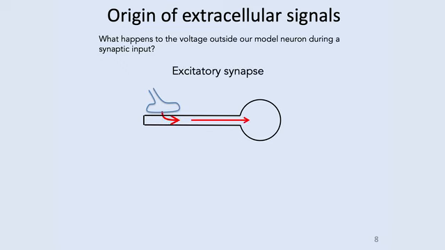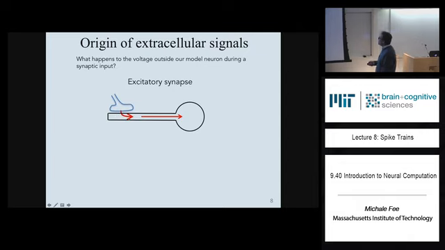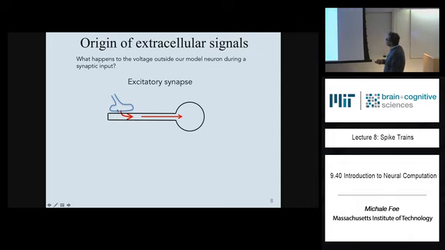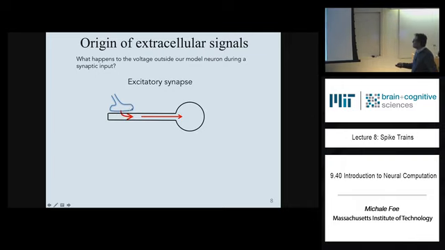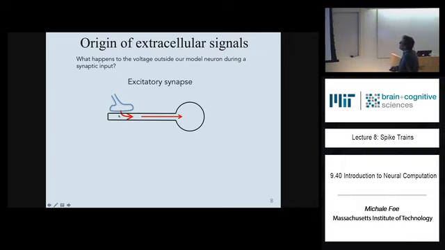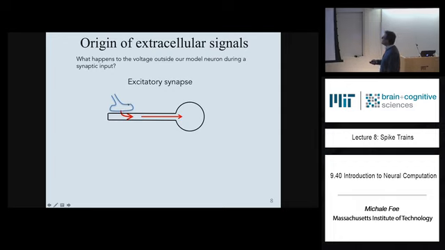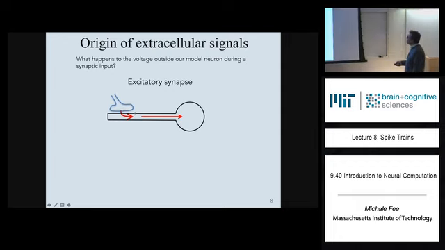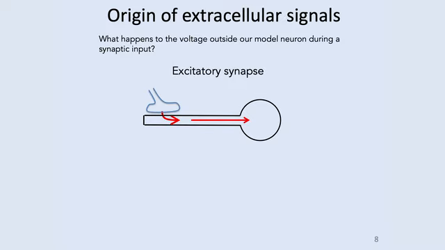In this case, when the synapse is activated, if the cell is hyperpolarized, neurotransmitter is released onto the postsynaptic compartment of the synapse and turns on conductances which allow current to flow into the dendrite. That current flows down the dendrite to the soma, flows back capacitively out through the soma and back to the synapse through extracellular space. So you can see that in this case, the region near the synapse looks like a current sink, as charges are flowing into the cell.